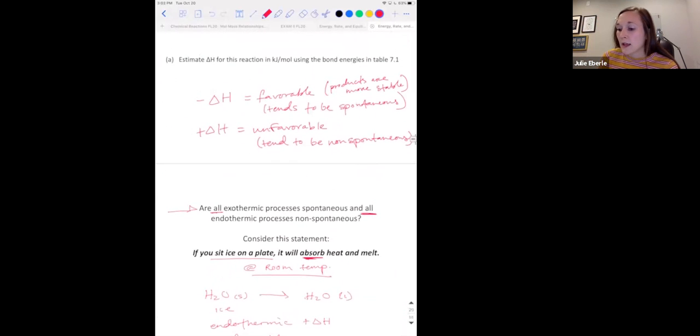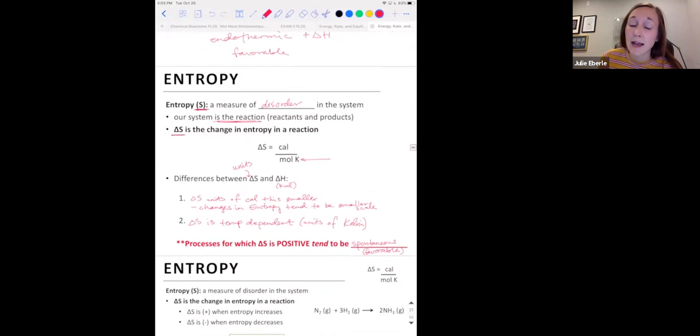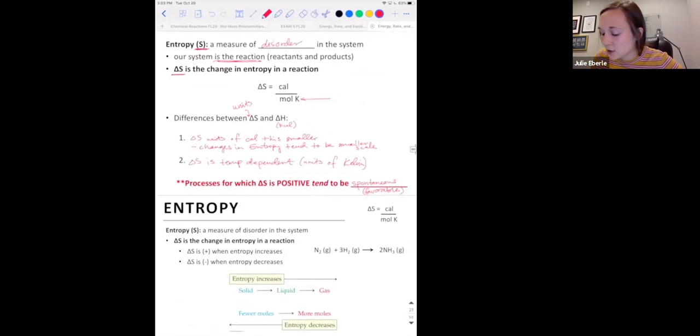Right here. For delta H, it's a negative delta H where processes tend to be favorable. But for delta S, for entropy, it's a positive delta S that tends to make a reaction favorable. And I know the pieces are all over. We're going to bring them all together in just a minute. But just keep these straight in your head.